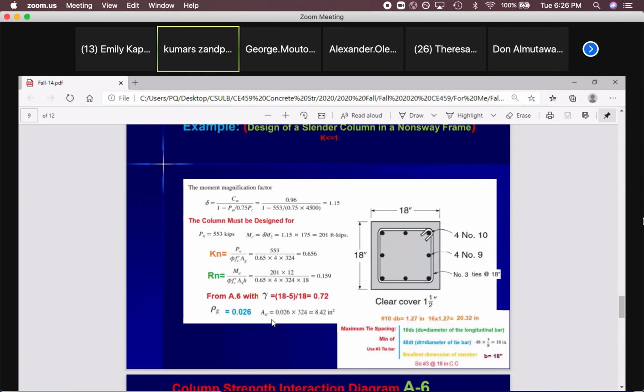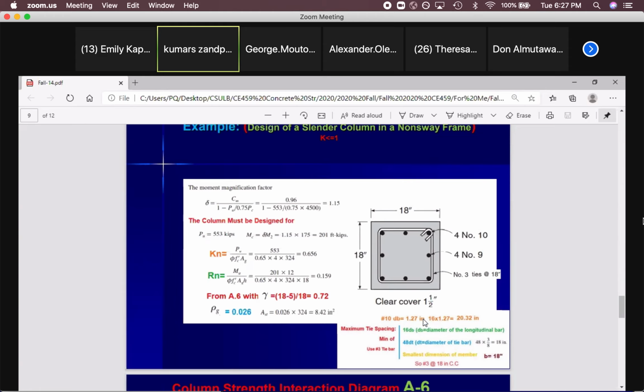2.6 divided by 100. So AST total should be this rho times your cross-sectional area, 18 by 18. That's the total cross-sectional area of required rebar. And we will pick number 9, and number 10 for four and number 9 for four.